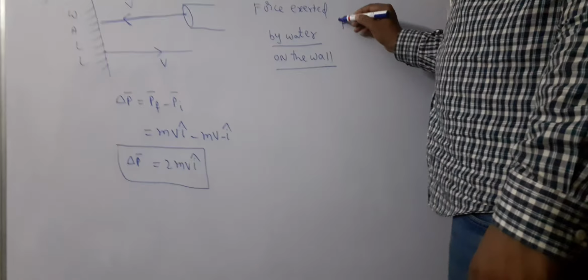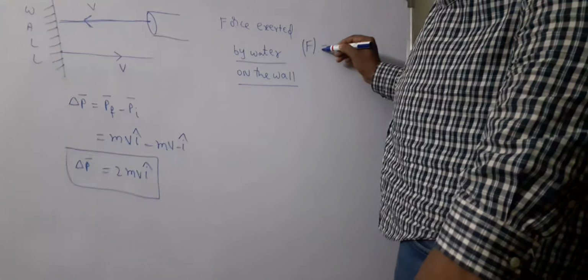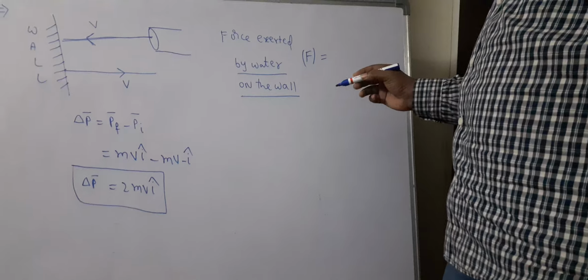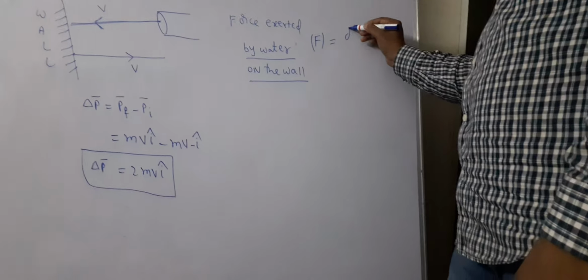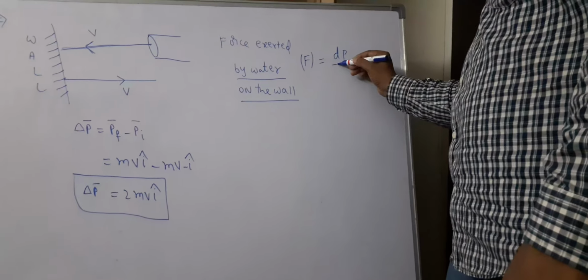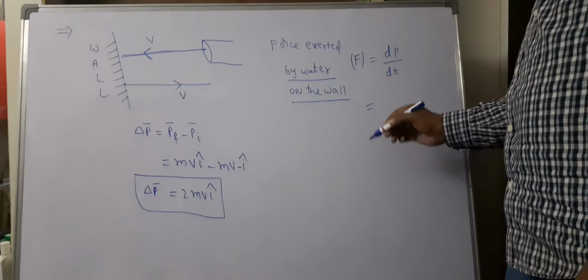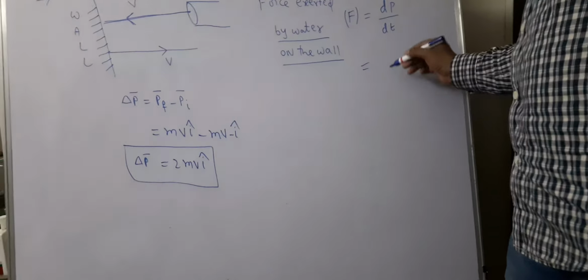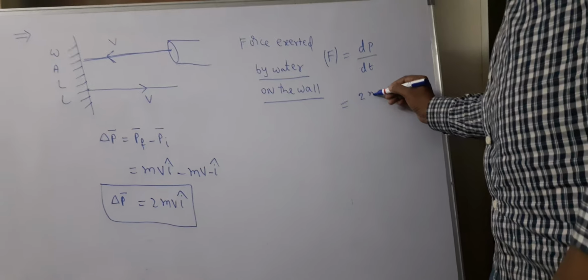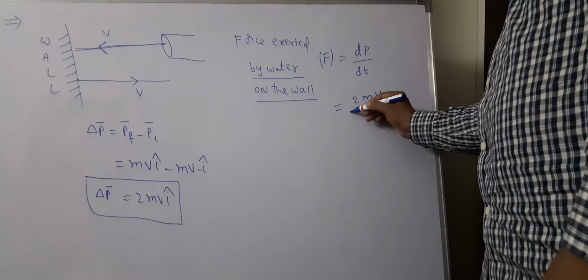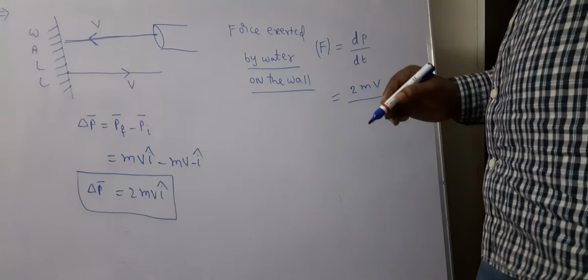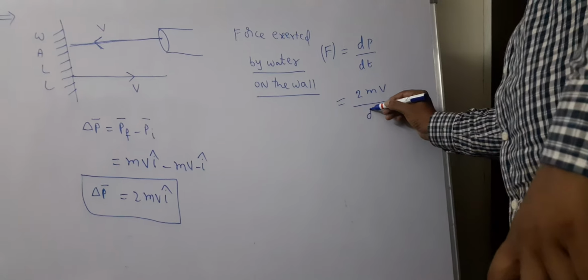According to Newton's second law, F equals dP by dt. We already determined the change in momentum, 2mv, so F equals 2mv by dt.